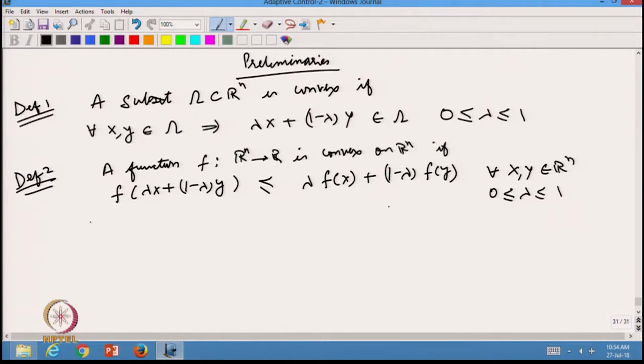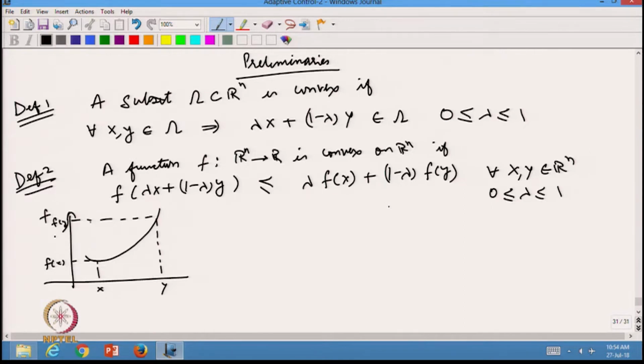So, what this means is, let us illustrate that using a graph of a function f. Let us say the graph is something like this, and this is the point x, this is the point y, and f of x is this, and this is f of y.